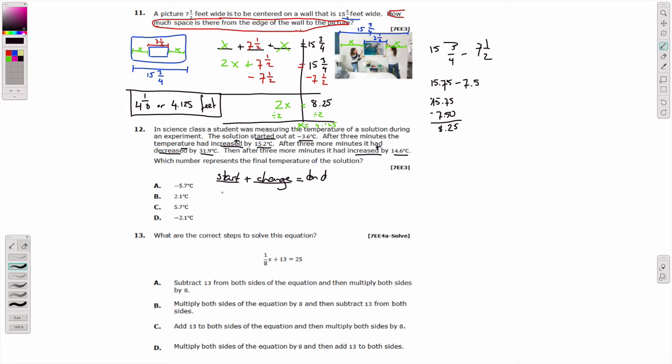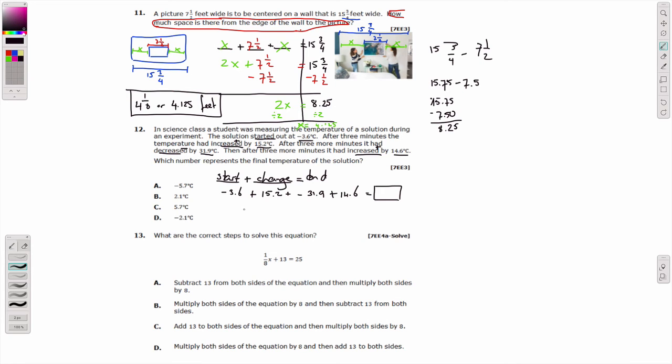Well, the starting temperature is negative 3.6 plus the positive change of 15.2 plus the negative change of 31.9, and then again a positive change of 14.6 equals, this is the thing that I don't know, the ending temperature.